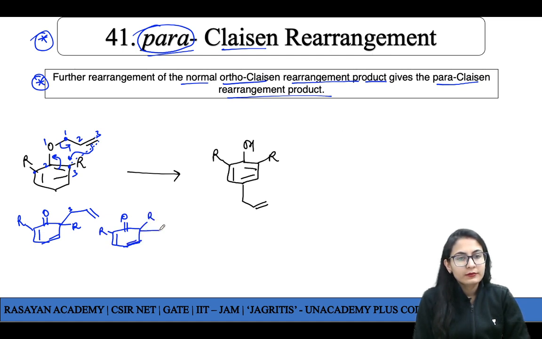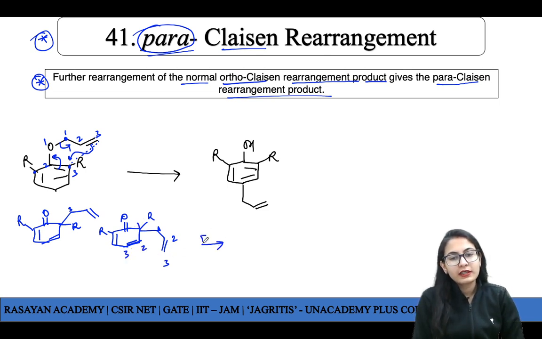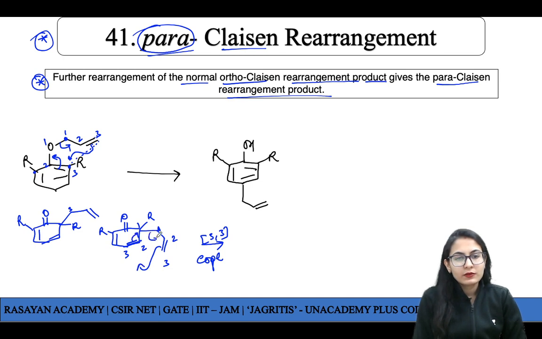Alright, so very clearly we are able to see that 1 2 3, 1 2 and 3. Now this 3,3 sigmatropic rearrangement will be called as the Cope rearrangement, not the Claisen rearrangement, because there is no oxygen. Okay, so this is how the reaction happens.